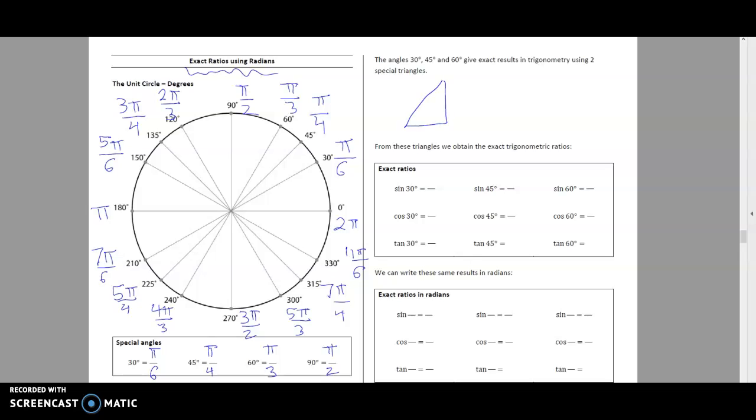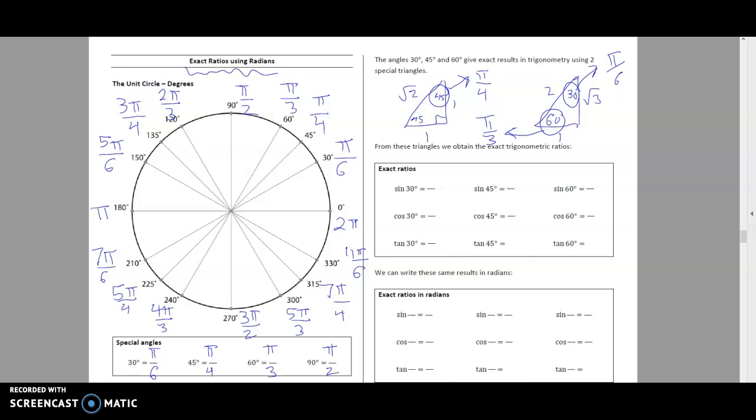The 45 triangle has sides 1, 1, root 2, and of course the 45 degrees in there is the same as pi on 4. In our other triangle, 60 and 30, 30 of course is pi on 6, and 60 is pi on 3.